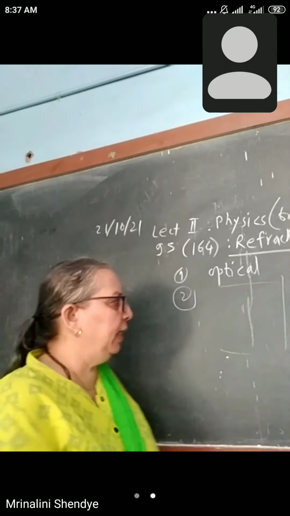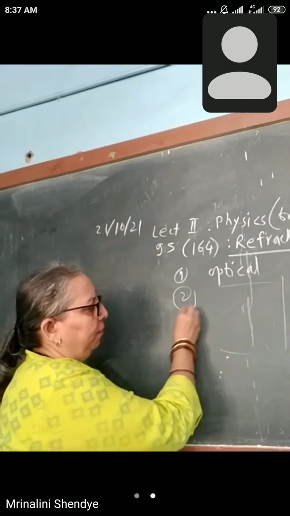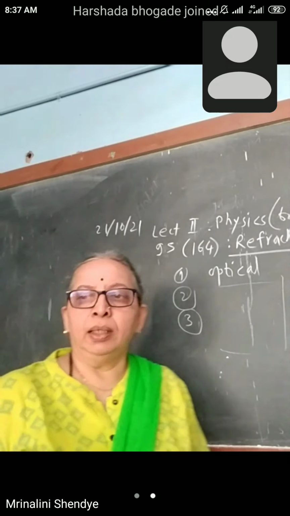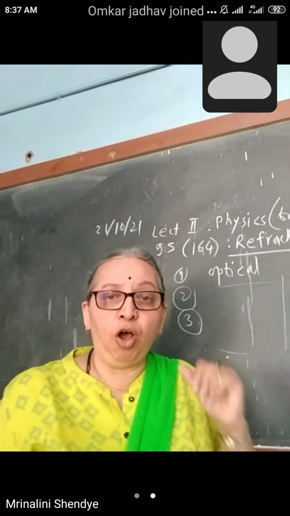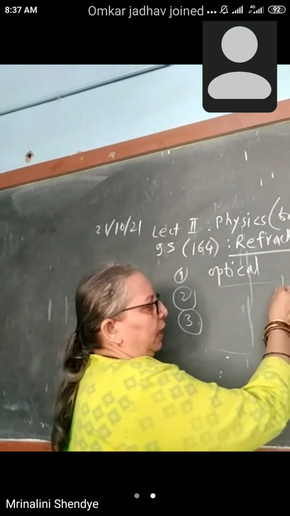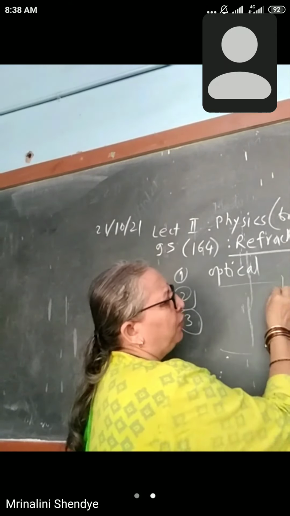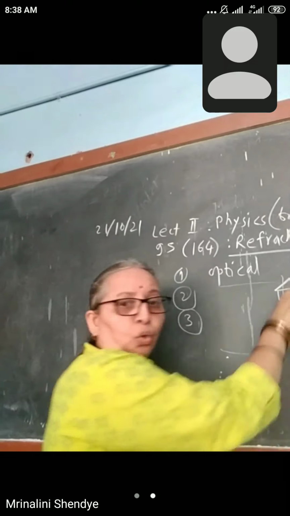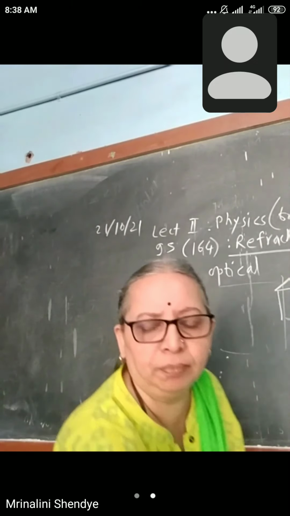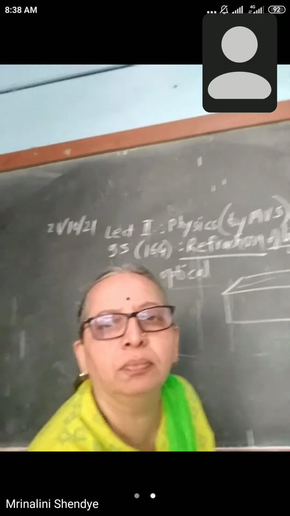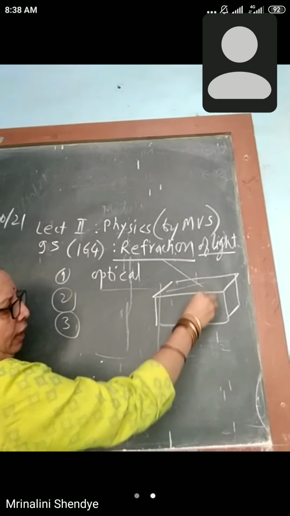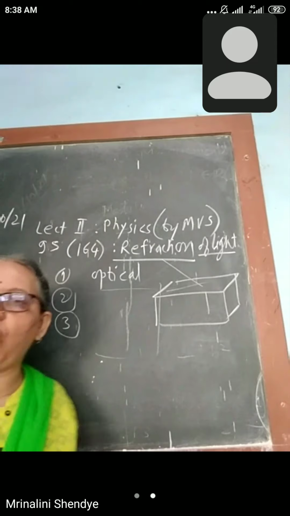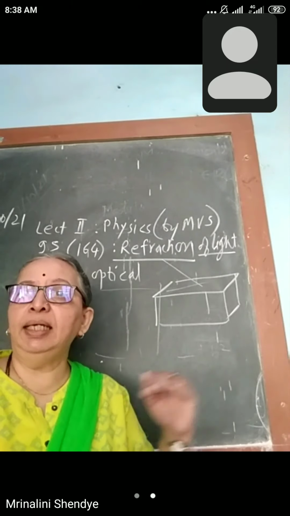Third thing we can define: the boundary may be curved or plane. For example, if you study the refraction of light through a glass slab, then this boundary, the upper surface of the glass slab, is plane.